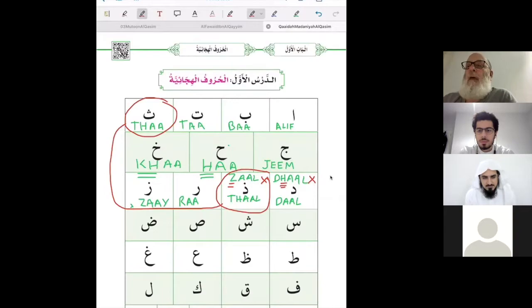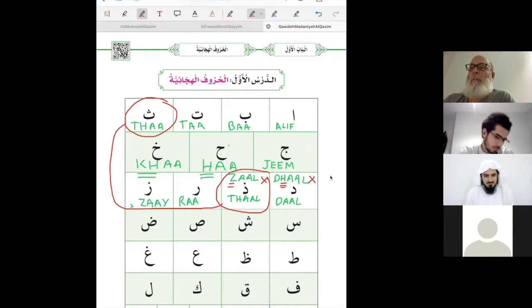Tha, Dal. Okay, Brother Dawood, you can read again from the beginning. No, from Alif. From the beginning in order. Alif, Ba, Ta, Tha, Jim, Ha, Kha, Dal, Thal, Ra, Zay.